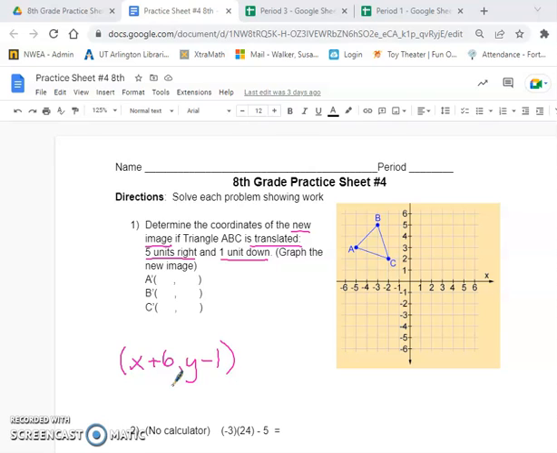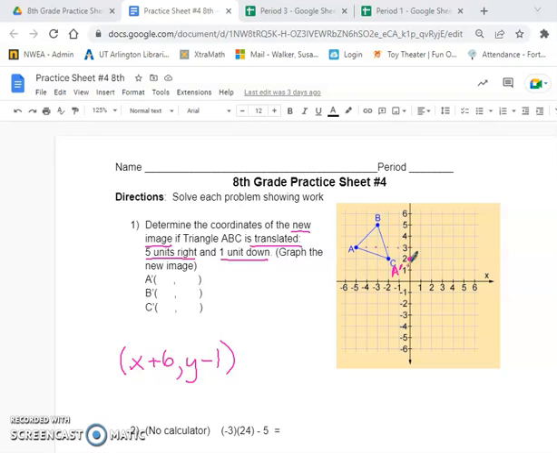So your job is to take each point here, 5 right and 1 down. So 5 right, 1, 2, 3, 4, 5, and 1 down. I'm going to put a dot there, and that's my new A. Okay?